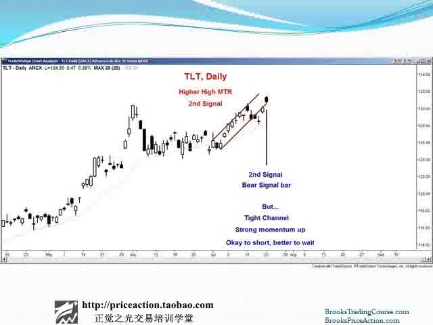We broke through the tight channel for a few bars, and so we had some selling pressure, and now we have another bear bar. So now we have a higher high major trend reversal, and we have a decent second signal. This bear bar was a first signal. I would not call this bull bar a decent signal. I would say this is a signal, this is a signal.